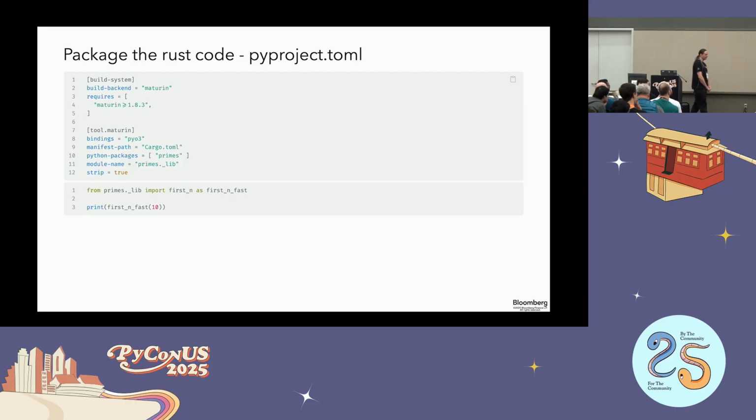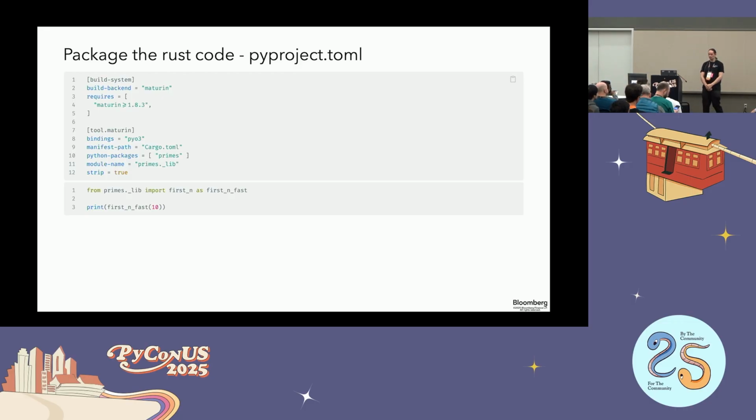Now, once you define that cargo file, you also need to define your Python project. Why? Because, well, this is going to be a Python project at the end of the day. So you need to tell the Python tooling what to use and how to use it. So this is where you can see that we specify that the build system for this application is going to be Maturin, and it requires this Maturin version. More importantly, we also specify that the binding is going to be handled by PyO3, and the manifest is inside this cargo.toml file.